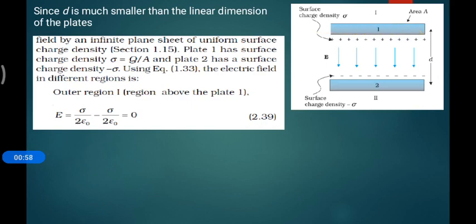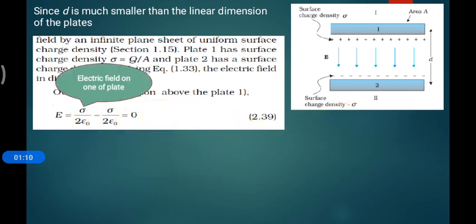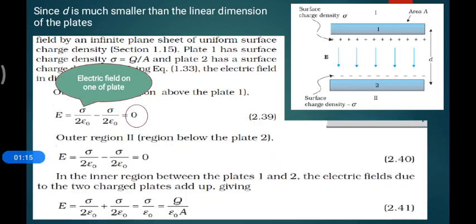The electric field due to the second plate is also sigma upon 2 epsilon 0, but one is positive and one is negative due to the negative charge on it. So the total is going to be 0. Then the same for the outer region on the second side is also going to be 0. No need to explain again and again.